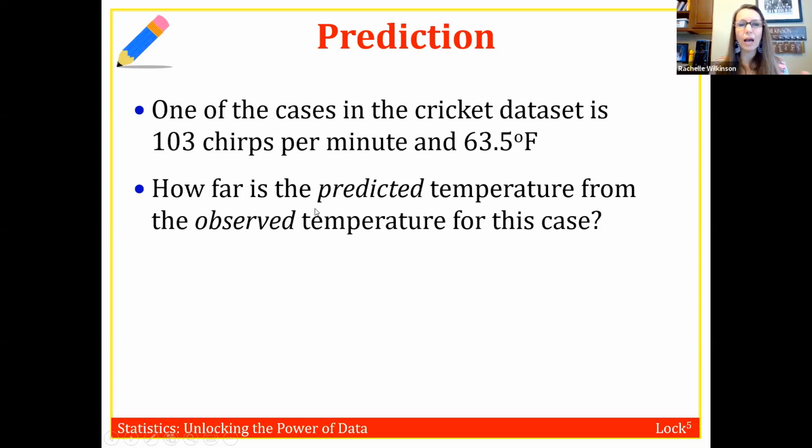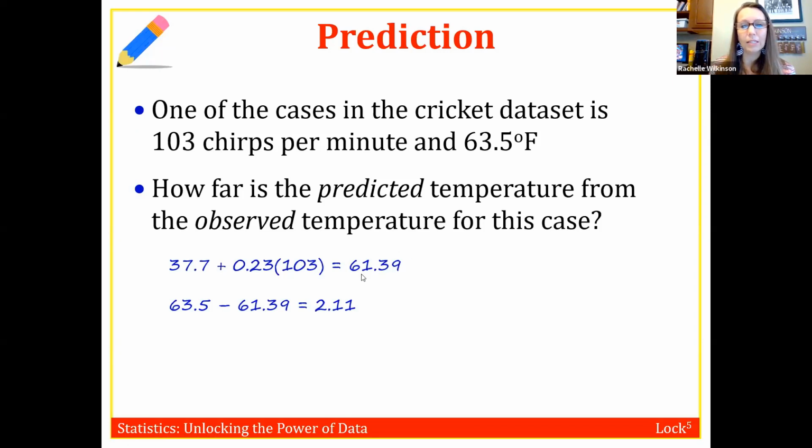What we want to know is how far that predicted temperature is from the observed temperature for that case. We already plugged in that 103 before, so we know that the line would have predicted 61.39 degrees, but in real life, for that data point, the temperature was 63.5, so that difference is 2.11.